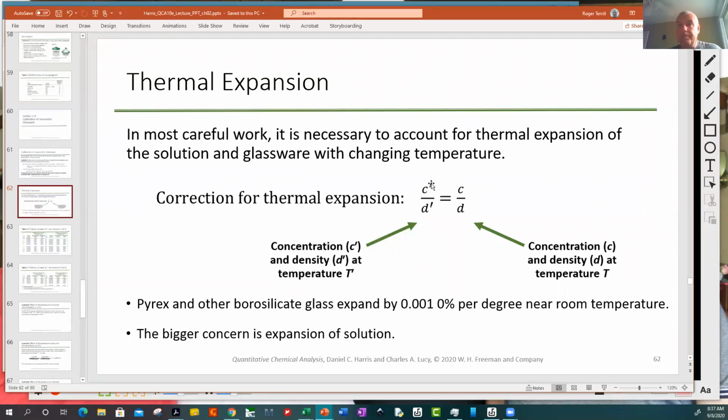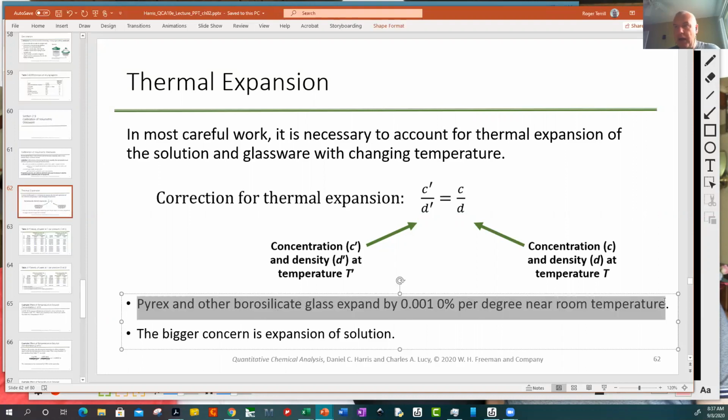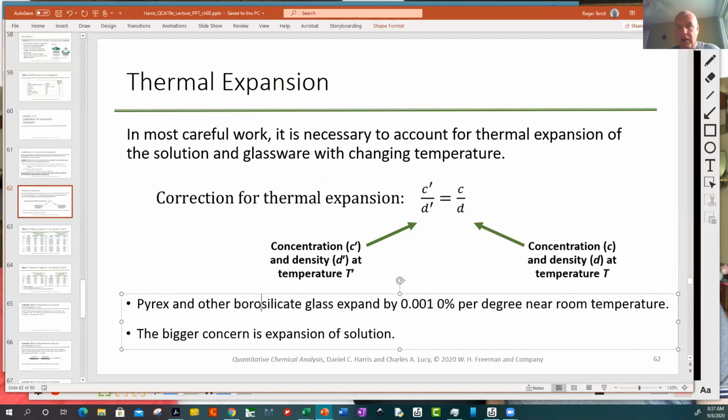And so now we can justify ignoring the pipette, right? Borosilicate glass is the pipette or the volumetric glass, right? And they don't expand much near room temperature, right? 0.001% per degree.